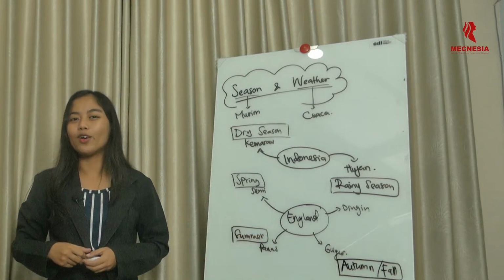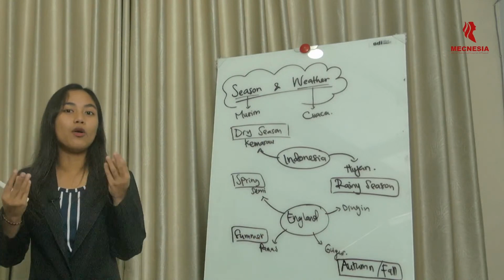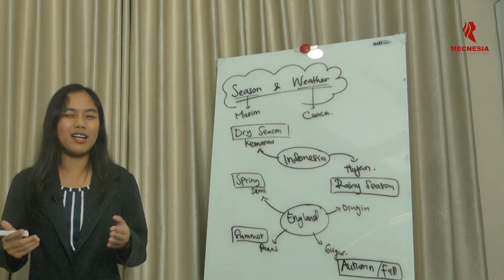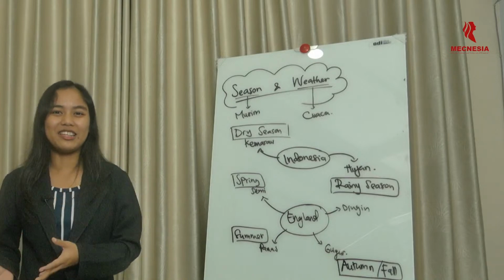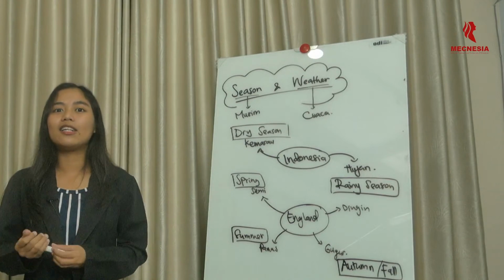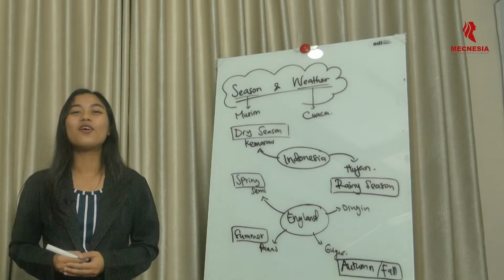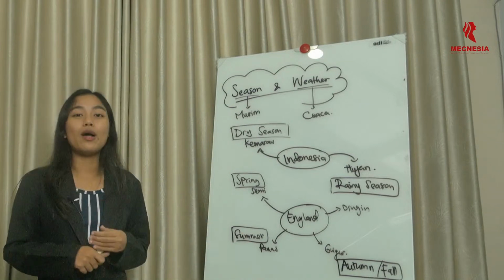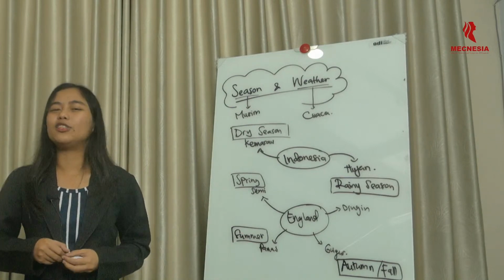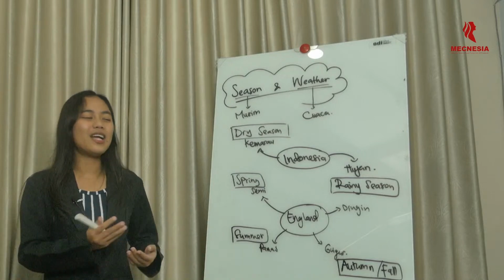Okay, let's say it with me. Autumn or fall. Oke, ketika musim gugur, daun-daun berjatuhan, berguguran. Daun-daunnya berubah coklat, terus jatuh. That's why we call it fall. Maka dari itu kadang-kadang kita bisa menyebut musim gugur sebagai fall or autumn. Okay, the weather in autumn is usually very windy. Biasanya di musim gugur ini cuacanya berangin.